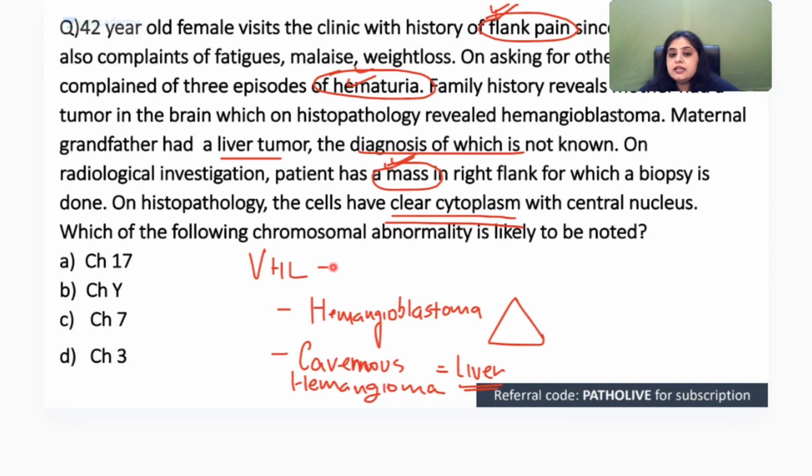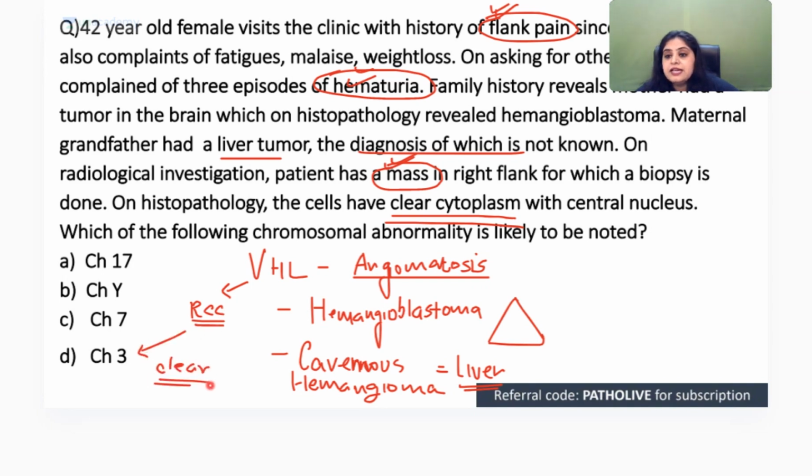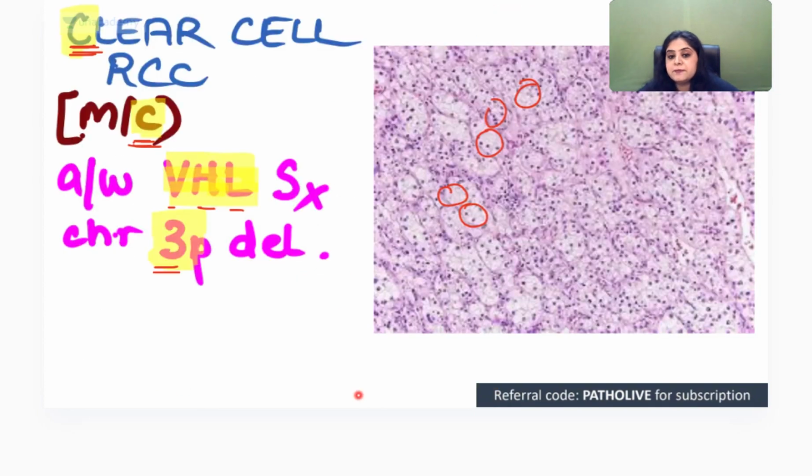Other than that, any other angiomatosis that is put up to you, or retinal angioma, yes, anything to do with the word angio is going to come up in this VHL syndrome. The renal tumor that we talk about is RCC. It's the clear type of RCC, and the clear type of RCC has chromosome 3p involvement.